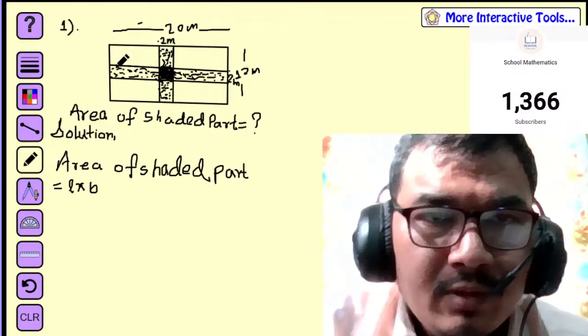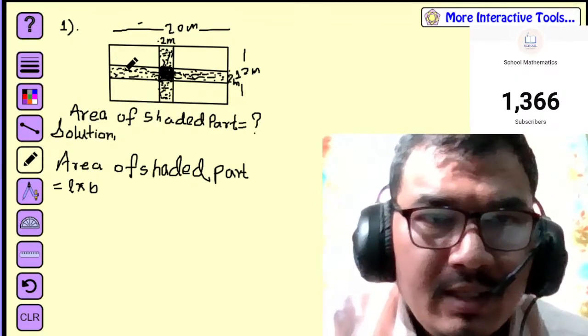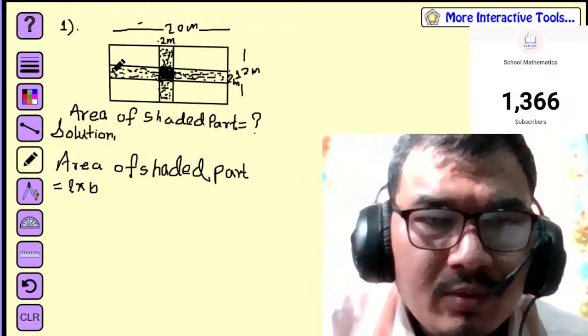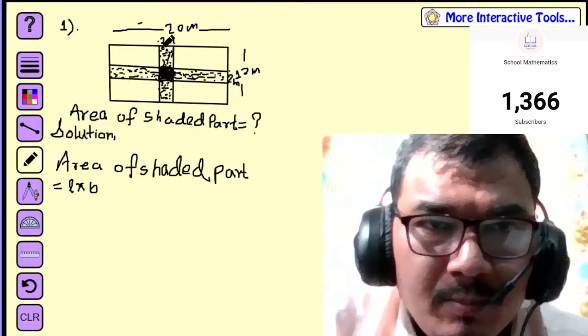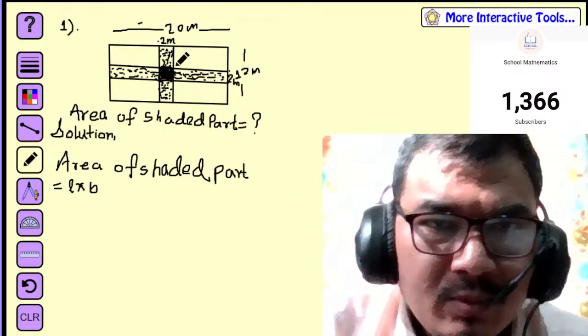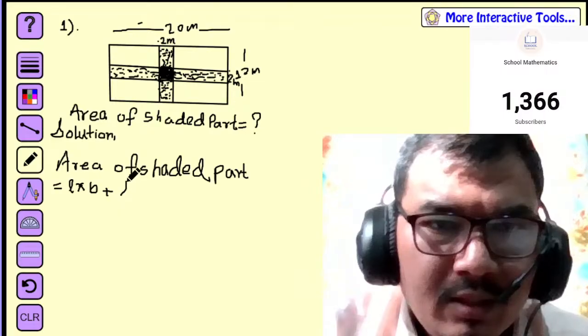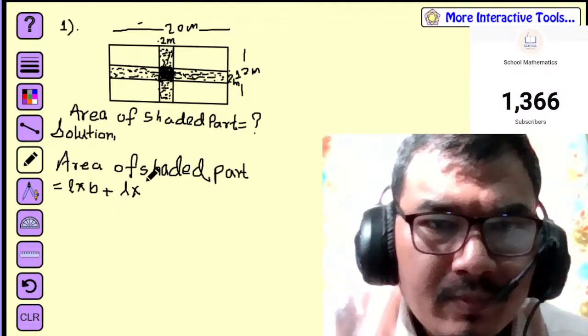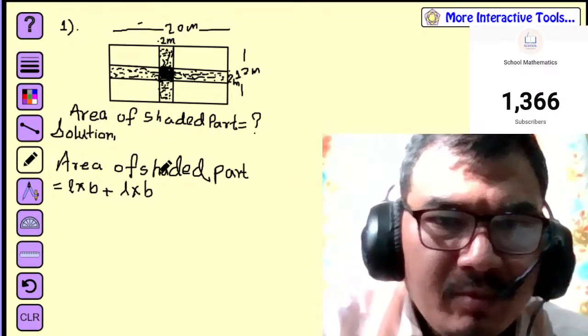For this one the length is 20 and the breadth is 2 meter only. And for the path along this breadth, the length of this path is 12 meter and the breadth is 2 meter. That's why here also L into B, but the measurement will be different.